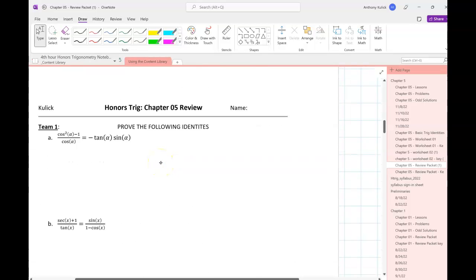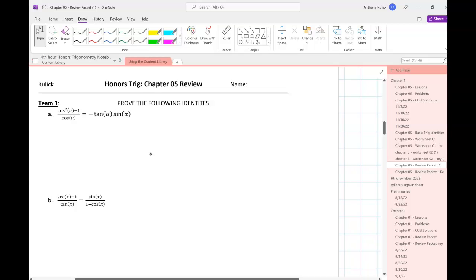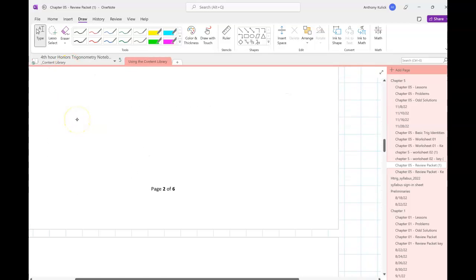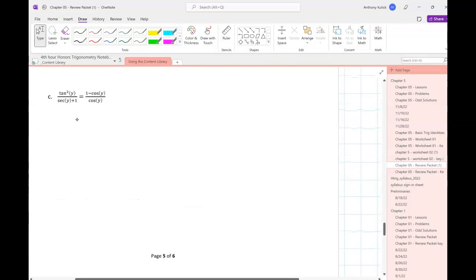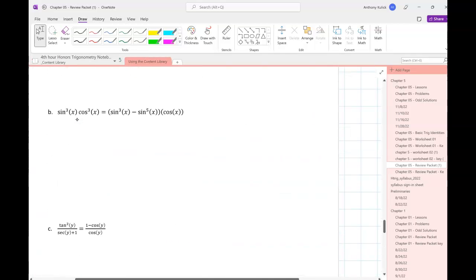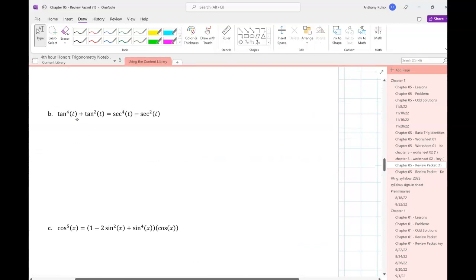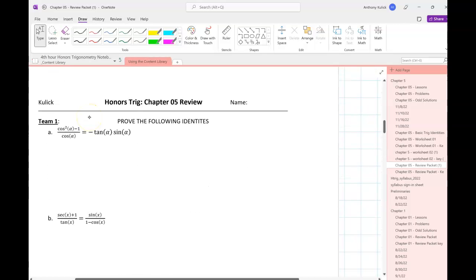So there you go. And then on the review here, I have these broken up. I have 5 teams, right? Do you guys want to do these collectively or do you want to just work on them on your own?